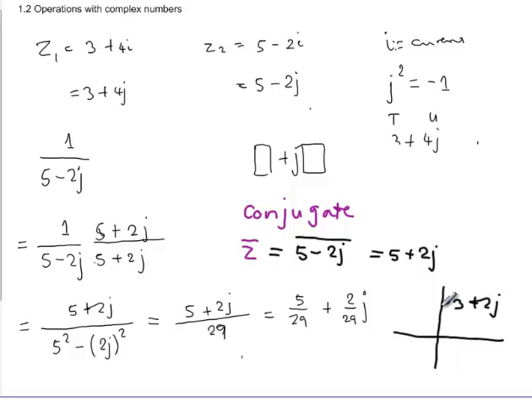In other words, instead of 2J here, you talk about minus 2J there, which means this number is reflected across the x-axis, and then comes here the 3 minus 2J. So what I'm trying to say is that conjugate numbers sit across the x-axis, the same distance apart. That is very important.